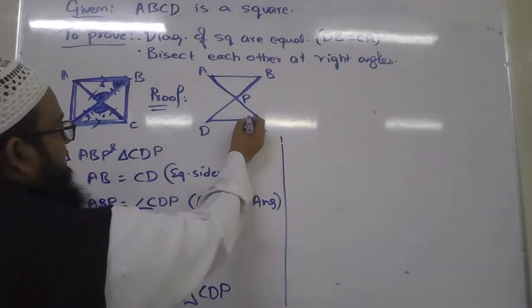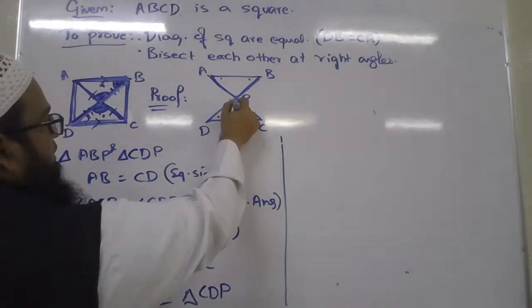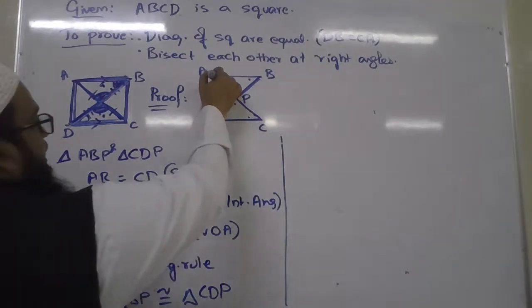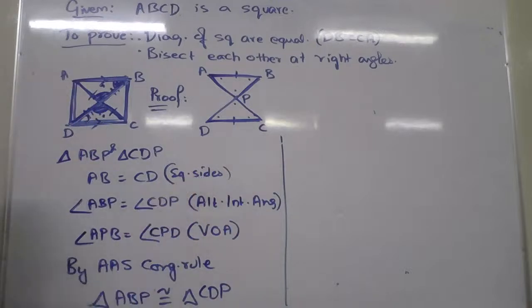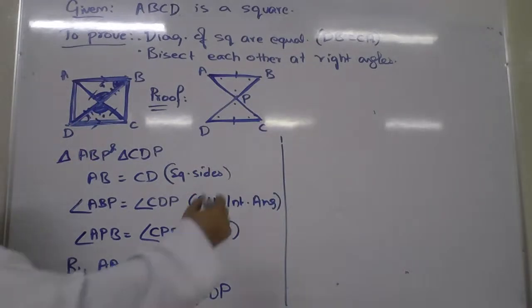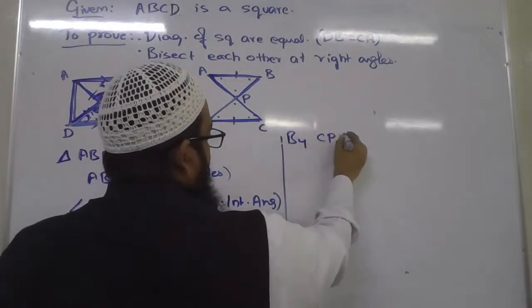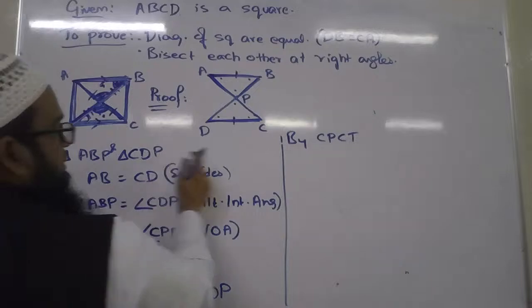We know that this angle is equal to this angle, and these two are vertically opposite. Now come to sides. We know that AB is equal to CD. So what are the other sides left out? By CPCT, AP is equal to CP.